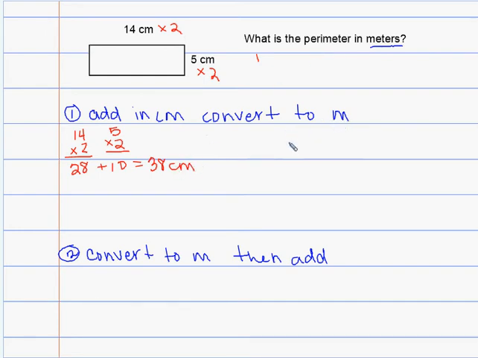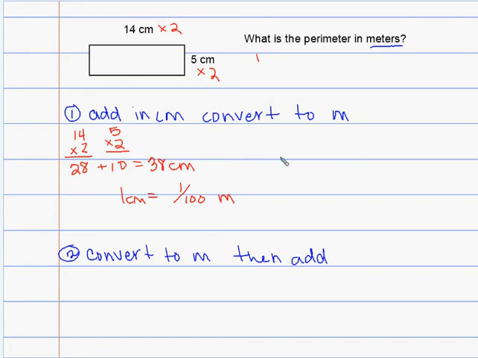This is where that stair step comes into play from lesson 32. Centimeters are 1/100th of a meter. 1 centimeter is 1/100th of a meter. So if I have 38 of them, I have 38 hundredths.